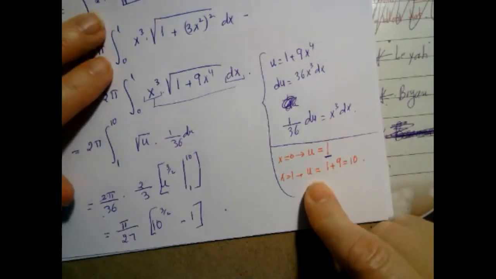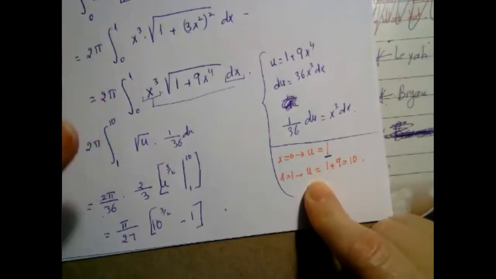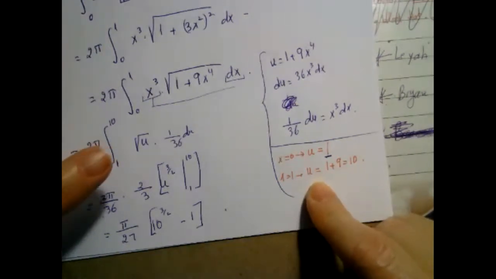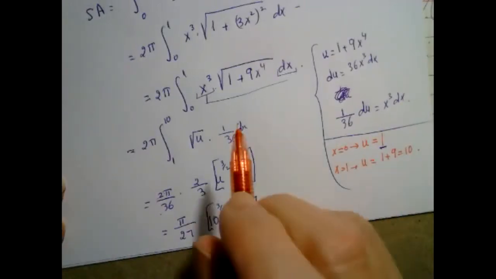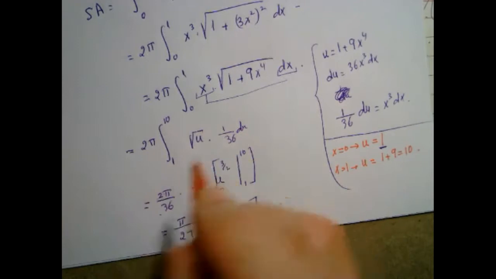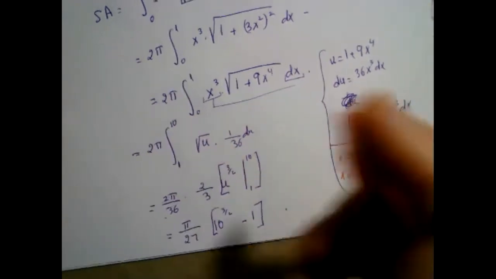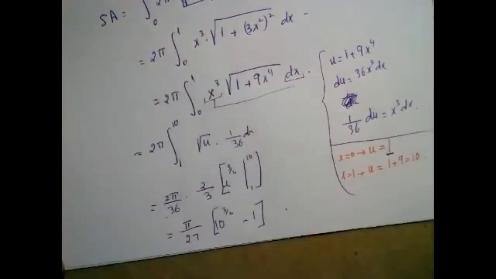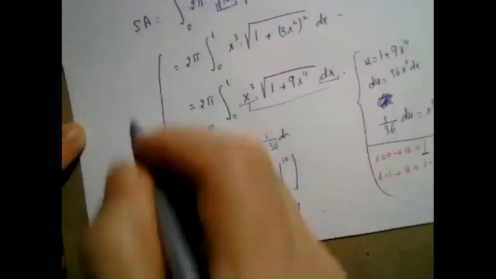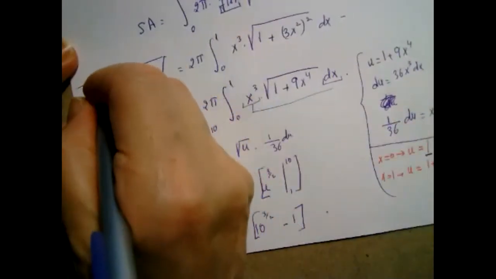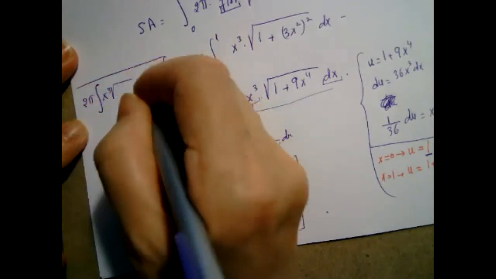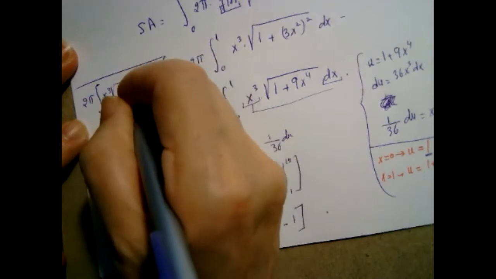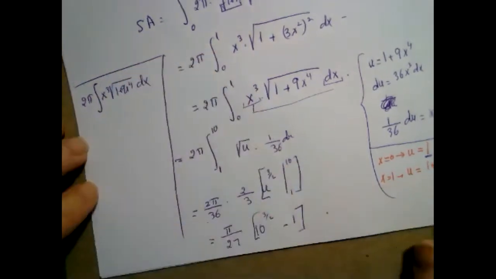If you hadn't changed the limit, then you would substitute u in? Yes, exactly. So either you change the limit, or if you do not change the limit, it means you basically find the antiderivative, by substitution of course. You forget about the limit, you don't do anything.